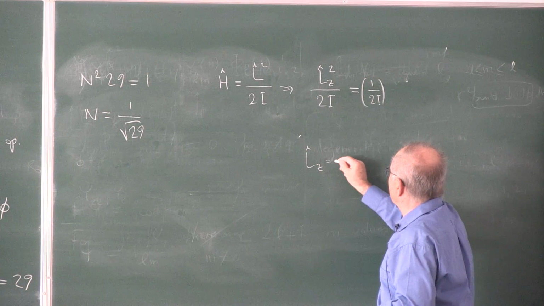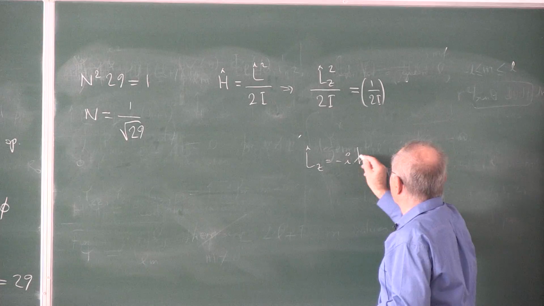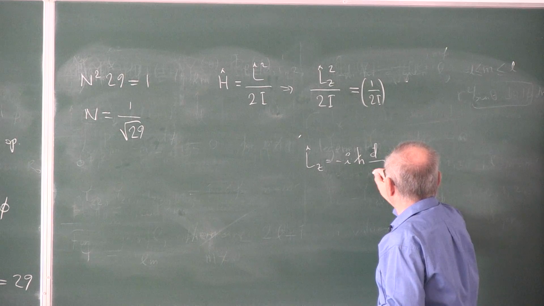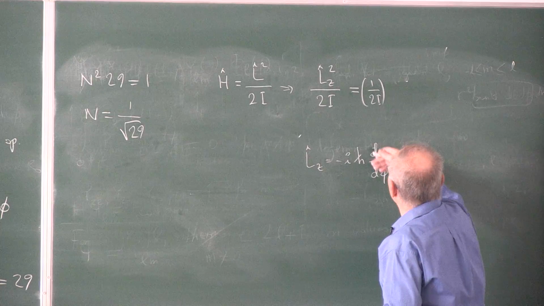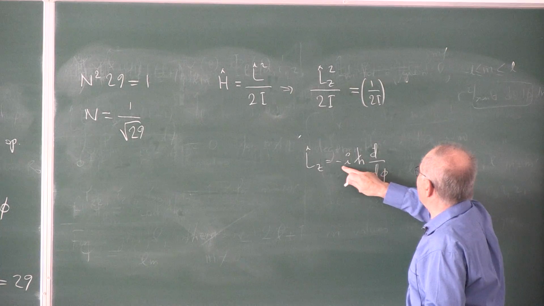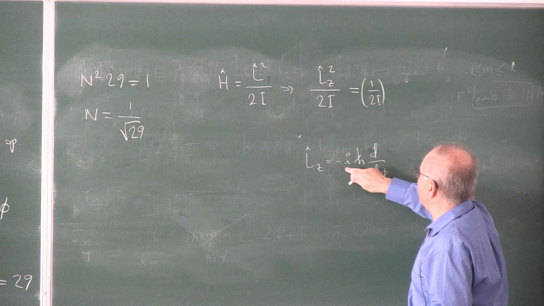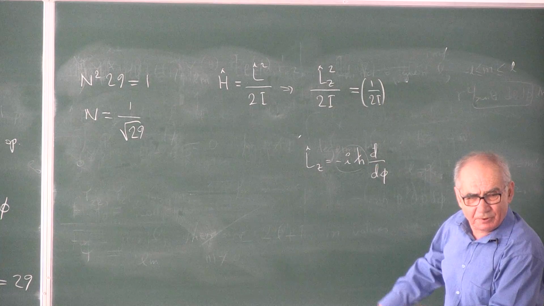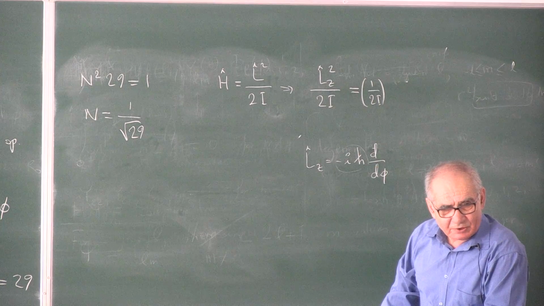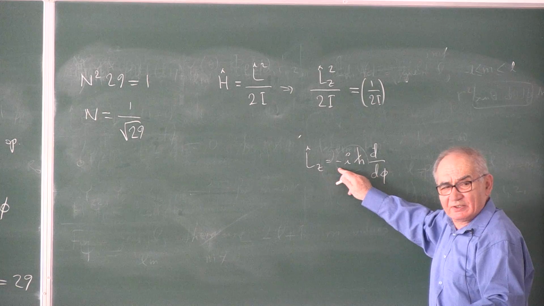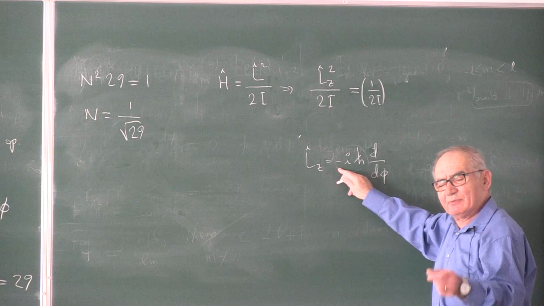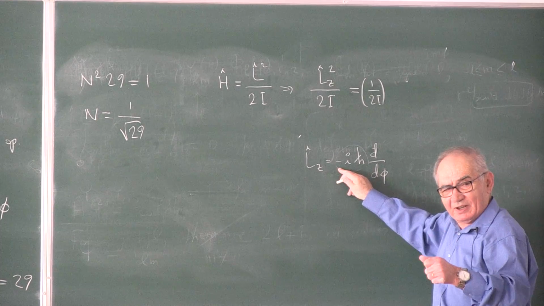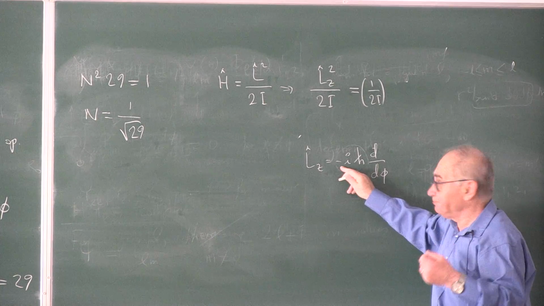LZ operator is minus I times h bar times first derivative with respect to phi. This is square of it. When you take the square, this is just a constant. Square of this constant gives you minus h bar square. Remember, minus I times I times minus I is same as plus I times plus I. I square is minus 1.